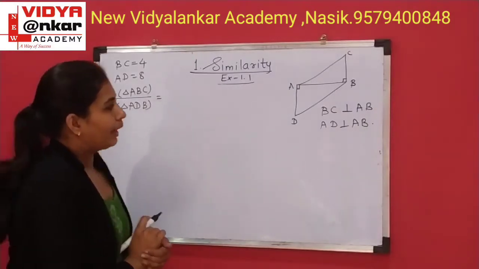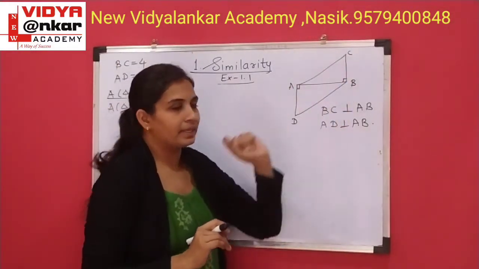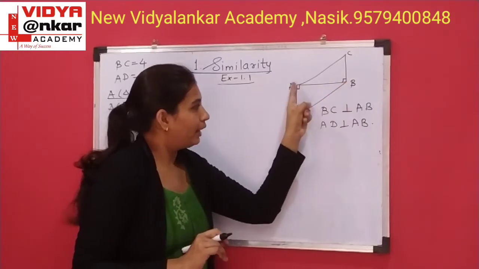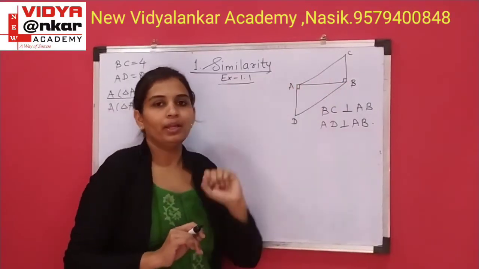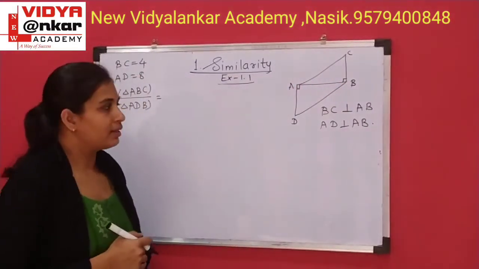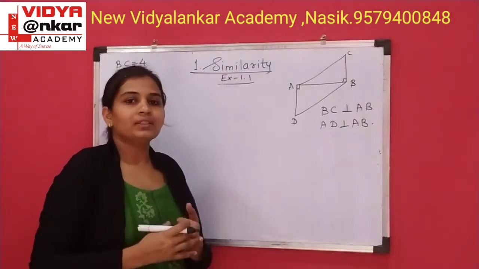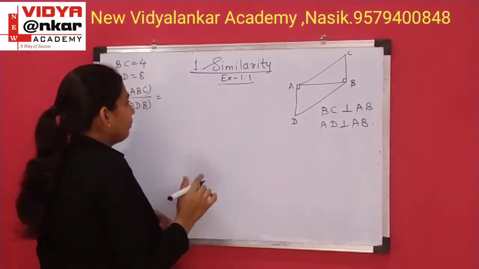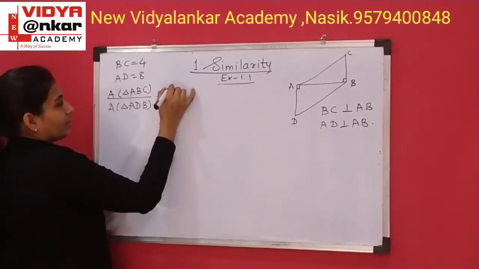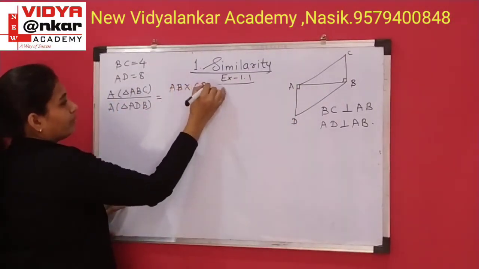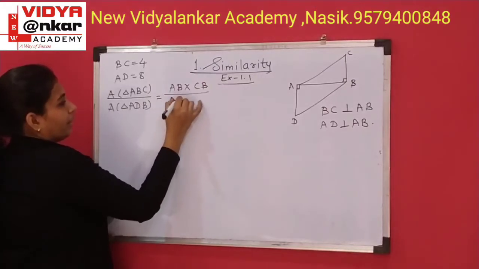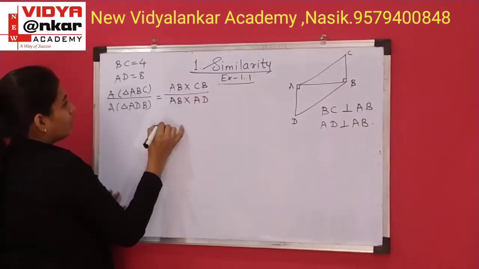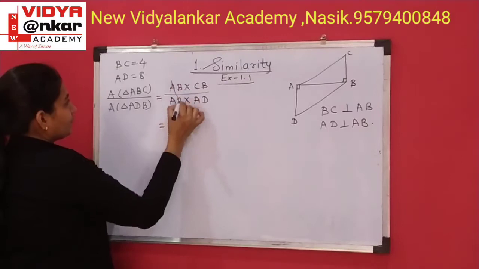Now we will find a ratio. Area of triangle ABC and area of triangle DAB, AB is common for both the triangles. It means these two triangles have common base, that is AB. So I can write here AB into CB upon AB into AD. Now AB will get cancelled.